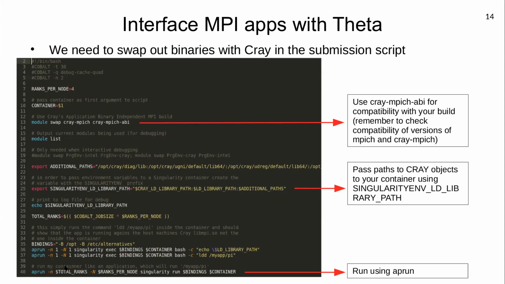If you've been paying attention since this morning, aprun basically requires you to specify how many total ranks you're going to use, how many ranks you have per node, and then you do a singularity run. The bindings over here correspond to what file system the singularity should have access to. In case, for example, you're writing files out, the singularity image is read only, so you cannot write anything into your image, but you can write it into your file system that way.